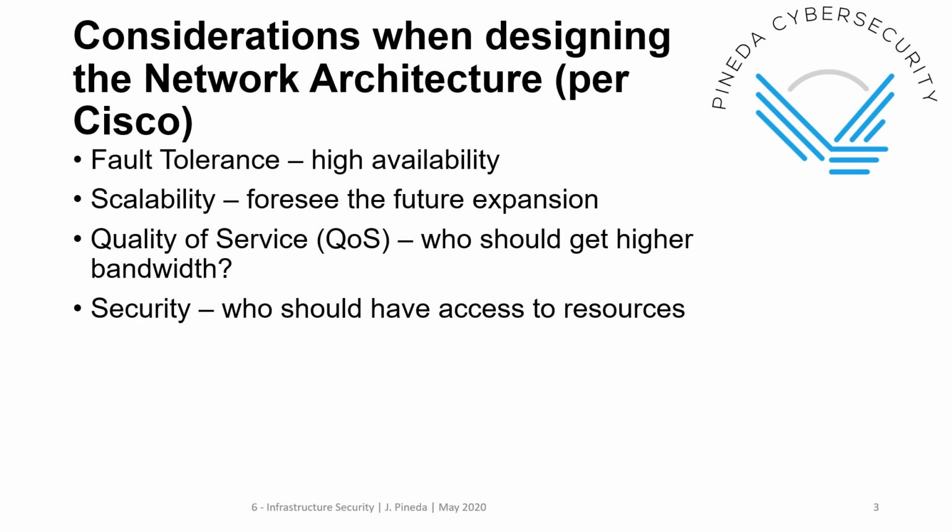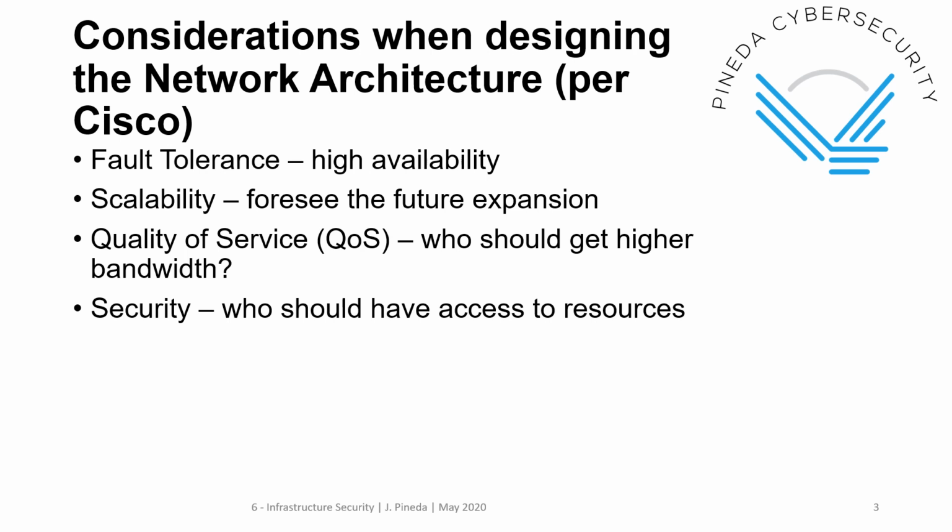So for the networking concepts, we'll follow the Cisco's network architecture terms such as fault tolerance, which talks about high availability, scalability, number two, which foresees the future expansion of the network. Number three would be quality of service, which talks about prioritization. And the last one would be security, which talks about access to resources.